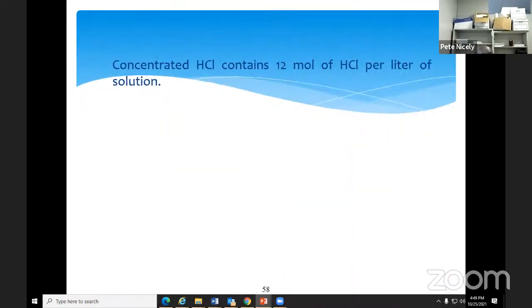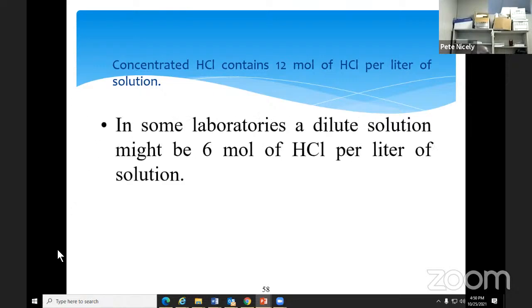Now, of course, quantitatively, we would have to use some numbers to express the level of concentration. So for example, what we normally call concentrated hydrochloric acid actually contains 12 moles of hydrogen chloride or hydrochloric acid for every 1 liter of solution, all right? So this is basically what we in chemistry consider to be a concentrated solution of hydrochloric acid.